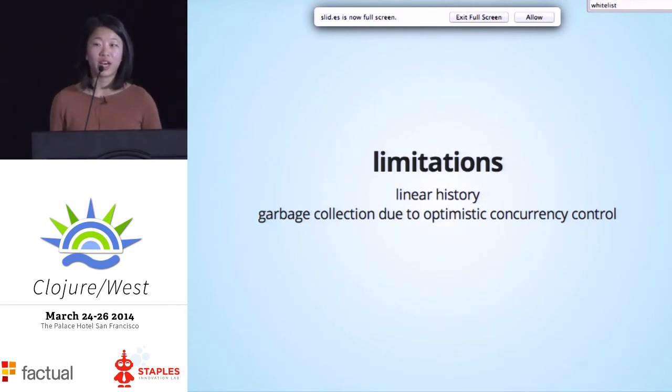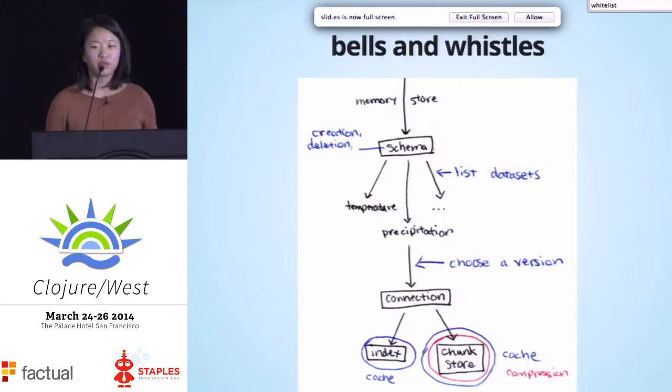So you have to start over again, and there's a lot of garbage collection that we have not implemented yet. There are some other bells and whistles we've wrapped. The index has some caching, and the chunk store has some caching, as well as compression. This helps us compress image or raster data or other data.